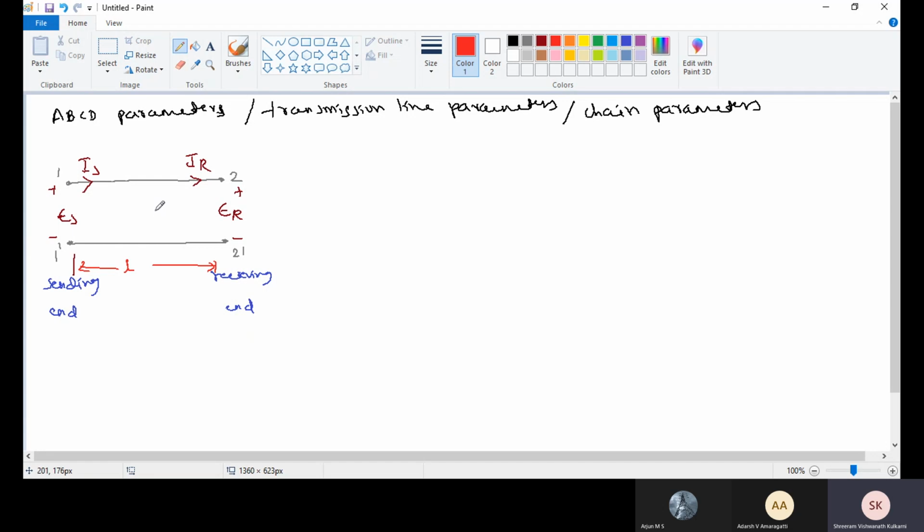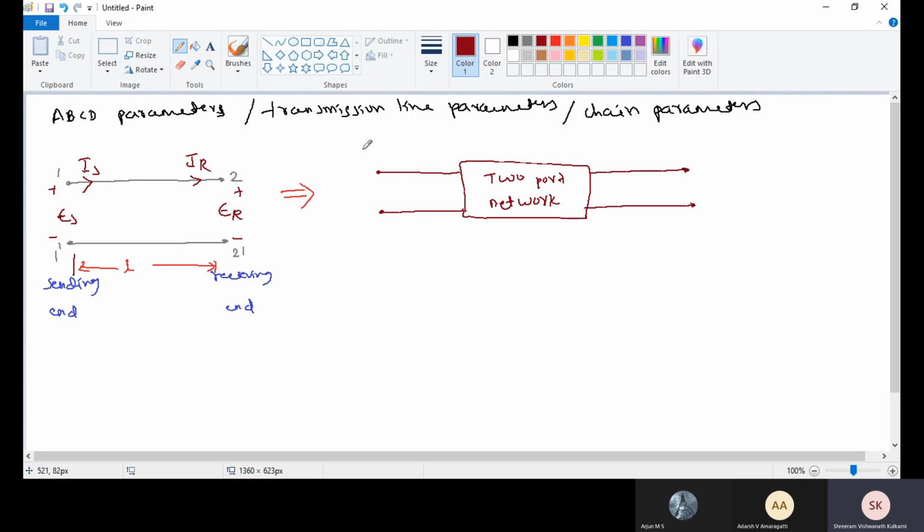Okay. Now I'm going to represent this in a two-port network. This is my two-port network. We know for two-port networks, there are an input port as well as an output port, 1 dash, 2 dash.